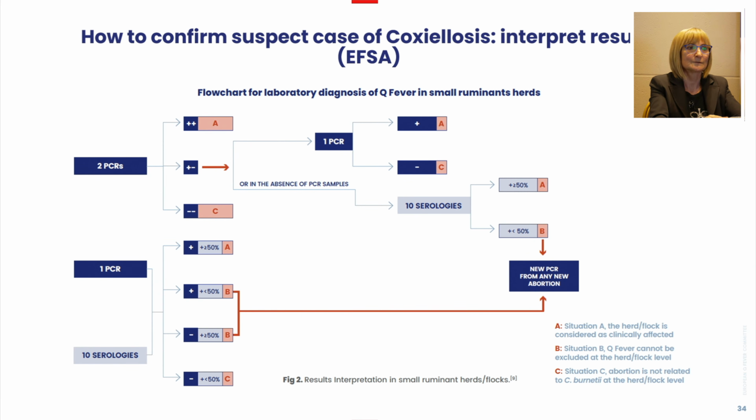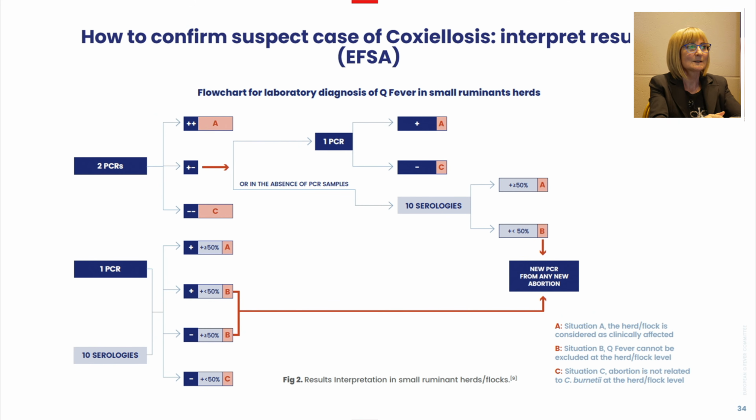We can look for another animal to sample by PCR, or we can use the serology. If we have 10 serologies with more than 50% positive animals, we can confirm the diagnosis also in this case. On the contrary, we have to go through more investigation.